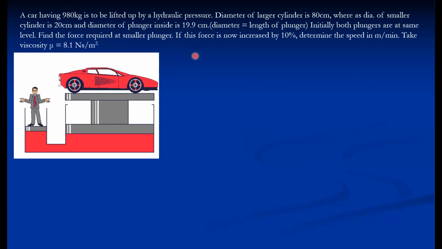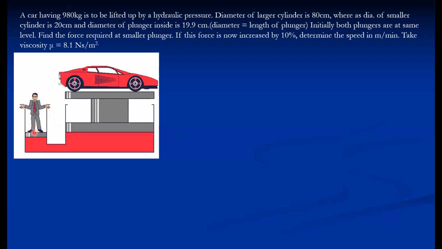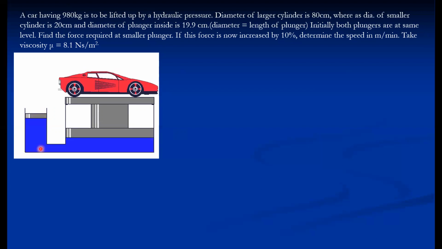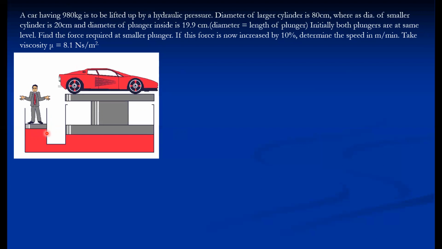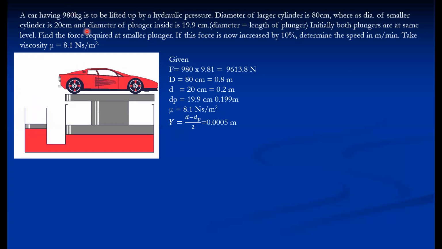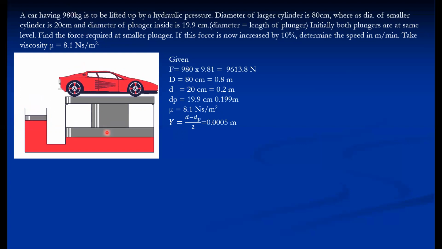If this force is now increased by 10%, determine the speed of this plunger in meter per minute. Take viscosity as 8.1 Newton second per meter square. These are the given quantities. If we convert, the car weight is nothing but its force.